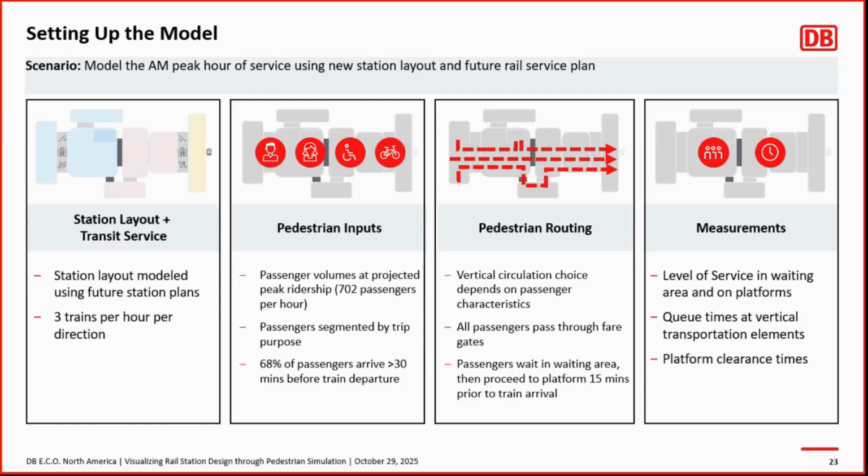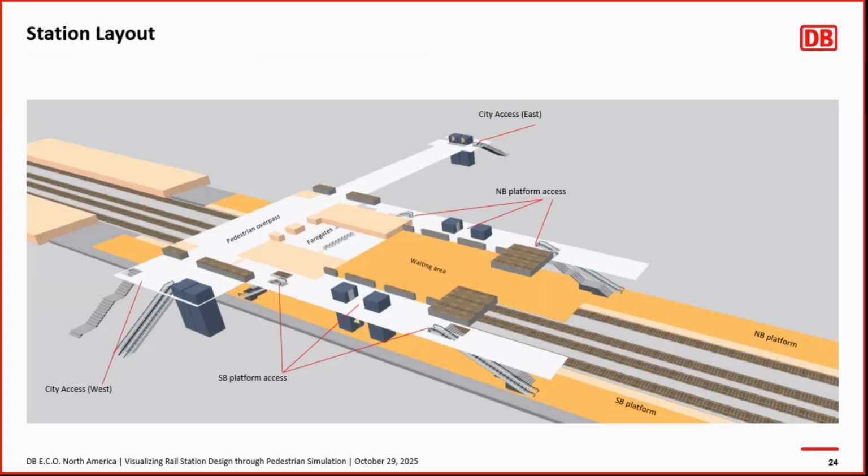So we had business, commuters, leisure, and a few other categories, which affected their arrival times to the station, as well as their walking behavior, and their choice of vertical circulation elements. And then for the pedestrian routing, we had vertical circulation to consider, we had fare gates to consider, and then we had a waiting area behavior to consider.